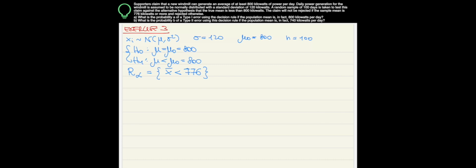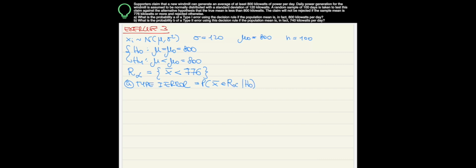Let's see the questions. What is the probability of a type 1 error using the decision rule, if the population mean is in fact 800 per day? So, well, of course, the type 1 error is the probability for the sample mean to be inside the rejection region, assuming that H0 is true.